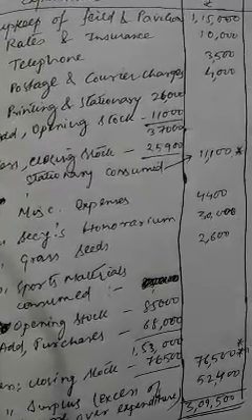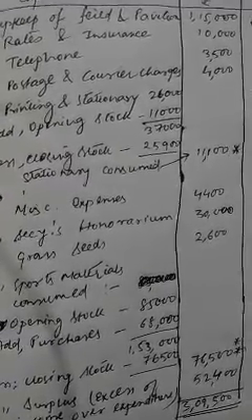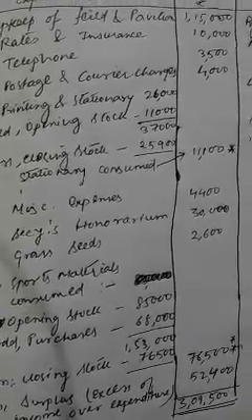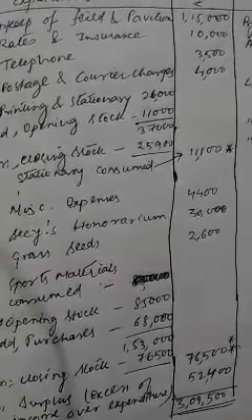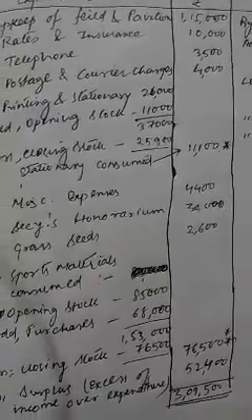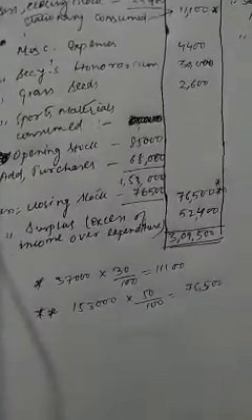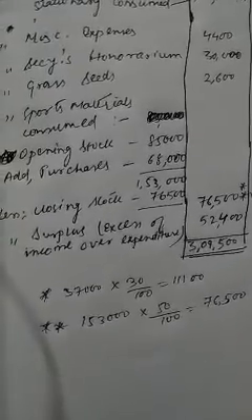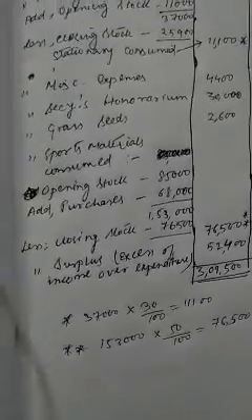So 11,100 has come, what we call stationery consumed. I have marked a star mark against 11,100 because in the below of the question, 37,000 into 30,000 by 100, it's coming to 11,100.